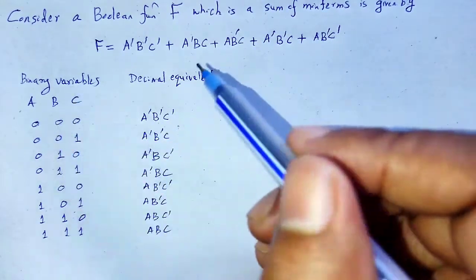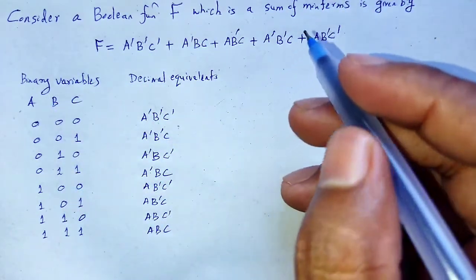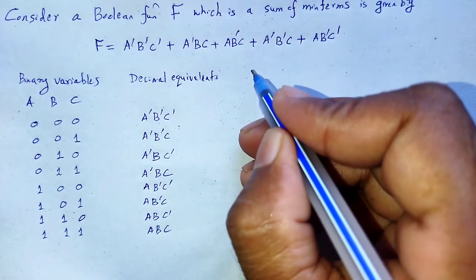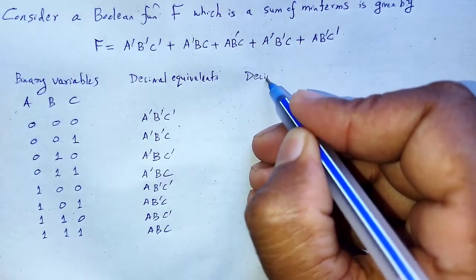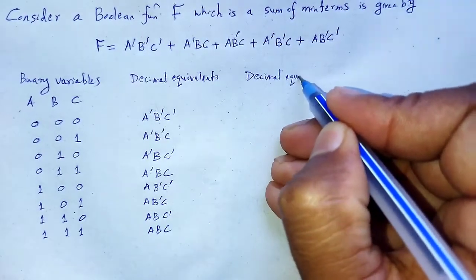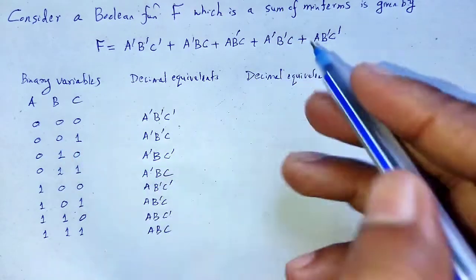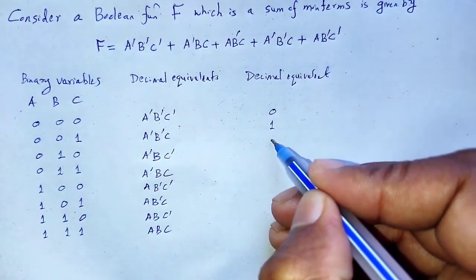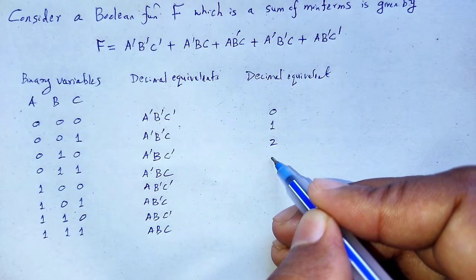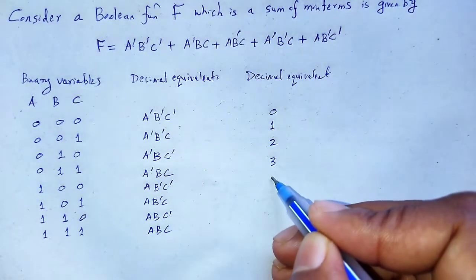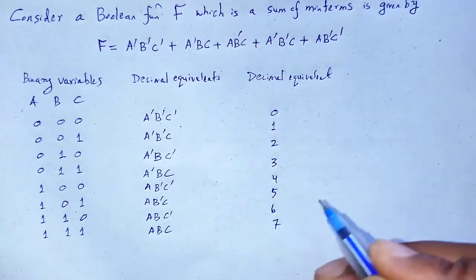So, the decimal equivalent of those binary variables: we know 000 is equal to 0, 001 is 1, and so on: 0, 1, 2, 3, 4, 5, 6, 7.